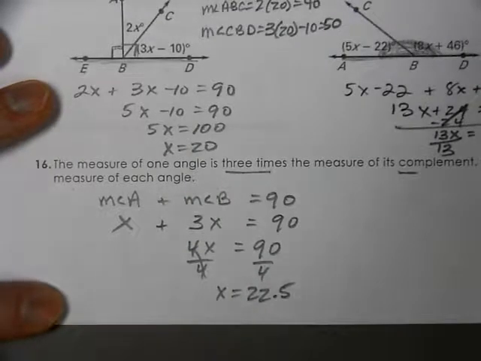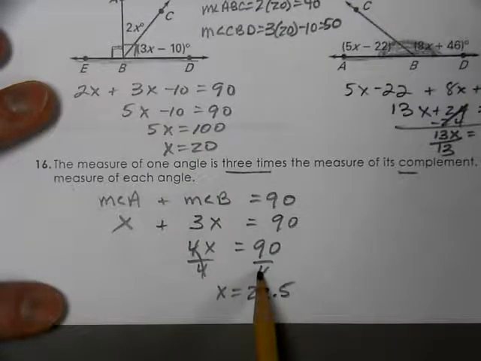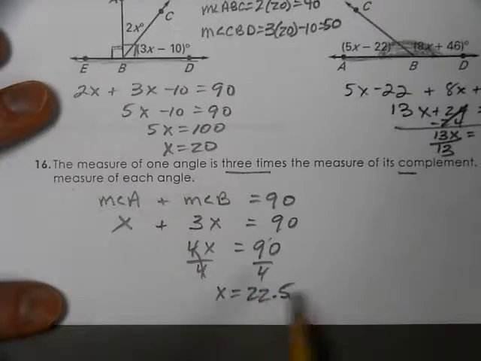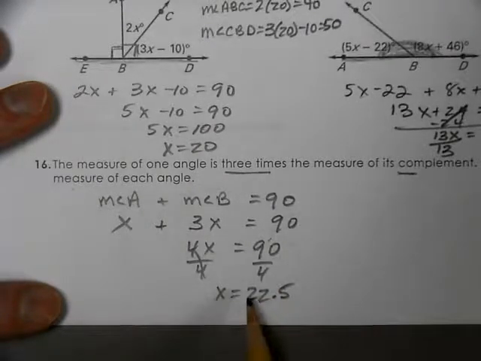That gives us 22.5. 4 goes into 9 twice, with 1 left over. 4 goes into 10 twice, with 2 left over, and 2 over 4 is 0.5.